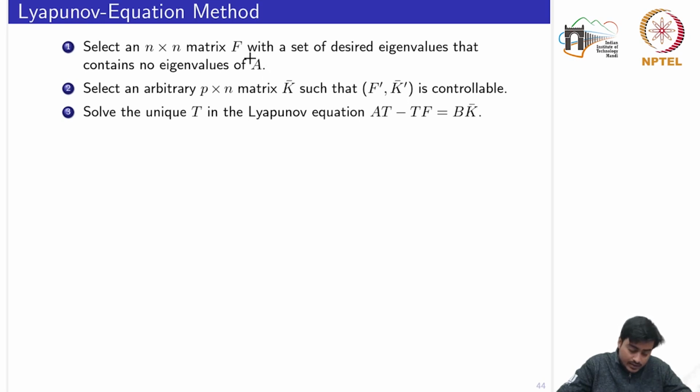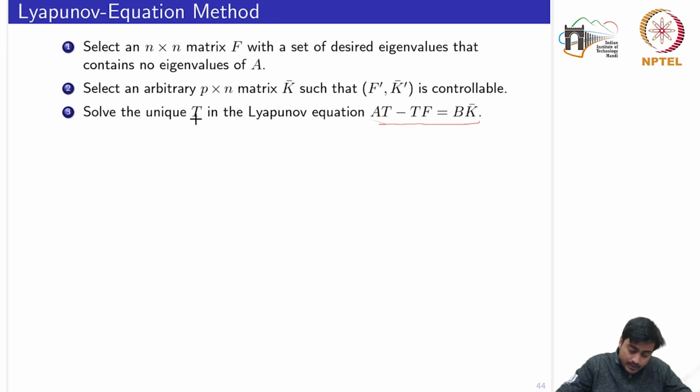You can choose the matrix F in any of the forms. The second step, we need to select an arbitrary p times n matrix K bar such that the pair F transpose, K bar transpose is controllable. Third step, once we have found such K bar, then using this Lyapunov equation, we can solve for a unique matrix T.